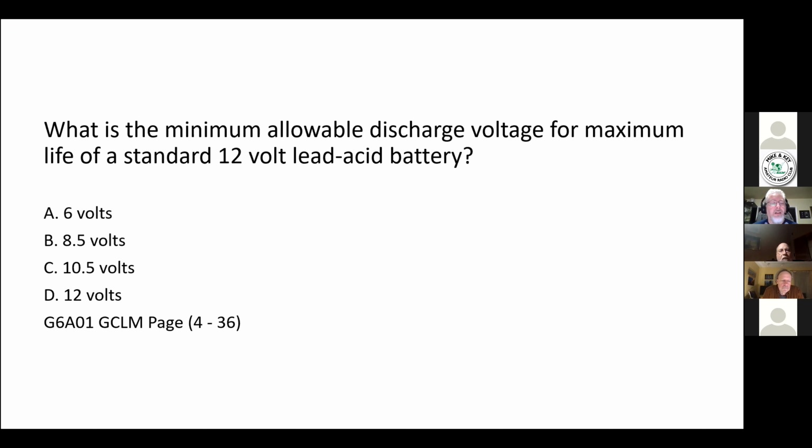Charlie is correct. Don't let it go down below 10.5 volts. D is a lot safer. That was also brought up by KE0OG. He says, I disagree with this. I don't like to let my batteries go below the 12 volt.